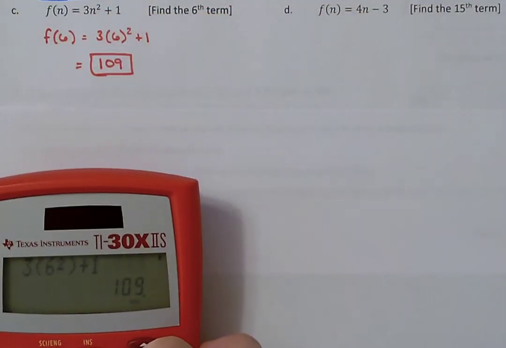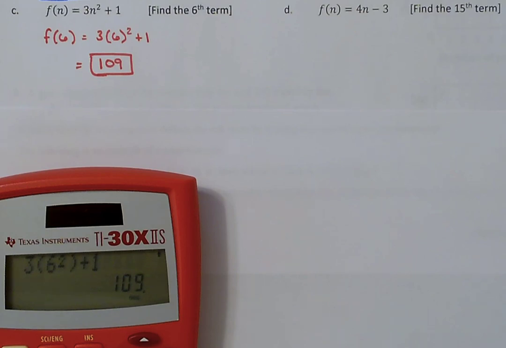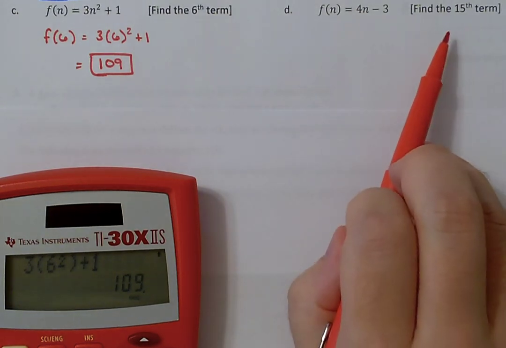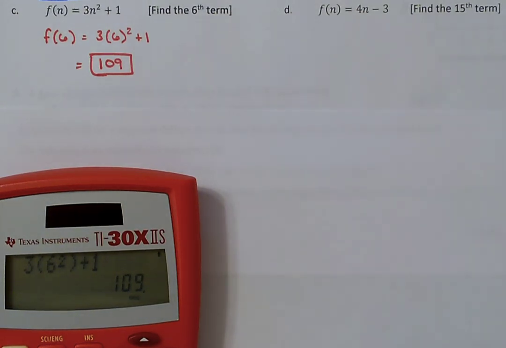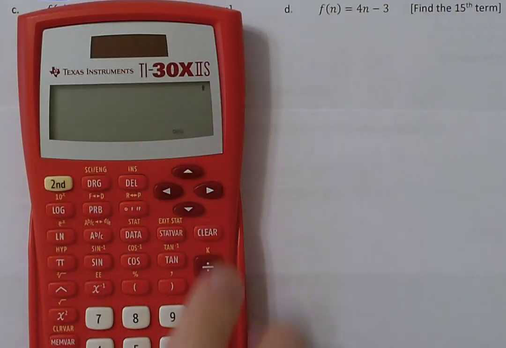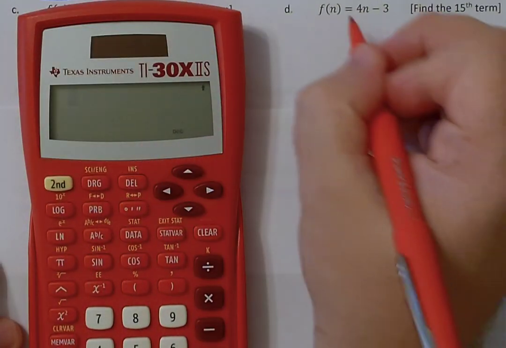Now, real quick, for part D, it wants us to go through and find the 15th term. Okay, it doesn't matter how large the term, we can just go through and plug in the number, whether it's the 6th or the 15th or the 125th term. You just need to plug that number in, and then you can get your answer. So let's go ahead and do this for the 15th term.